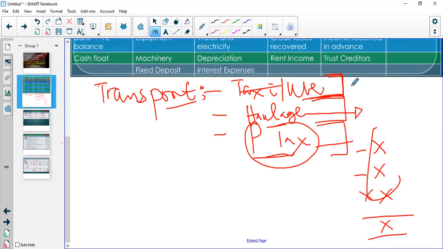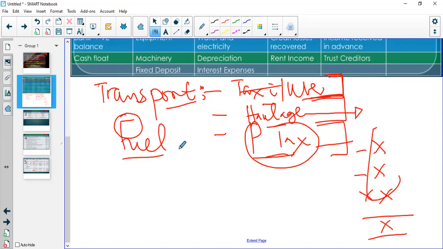A general ledger account could be income or expenditure or anything that we are interested in. So we record each time there is an increase or decrease in that item of interest. Let's say we are interested in knowing how much fuel we spend.